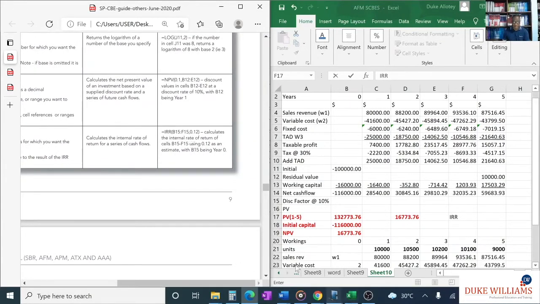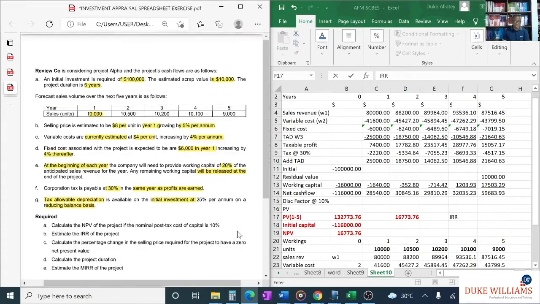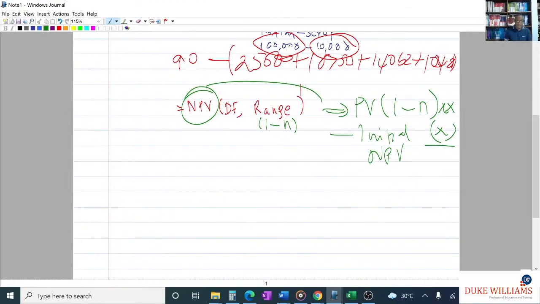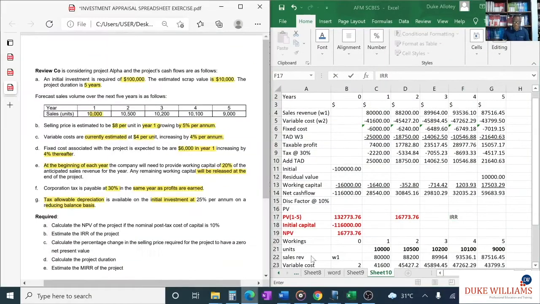So literally, all I'm trying to say is that it is equal to IRR, and you only specify the range, and this range will simply be year 0 to n. So I'll reference from the initial investment, which is negative, and that should be enough.